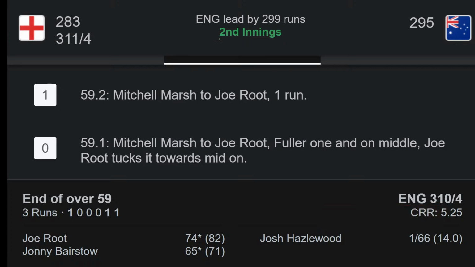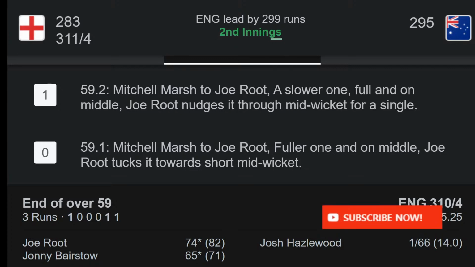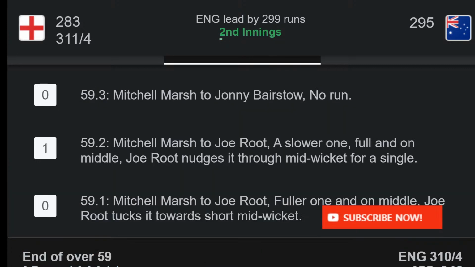England's score 283 and 311 for the loss of 4 wickets, and Australia's first innings total is 295. England lead by 299 runs in the second innings.